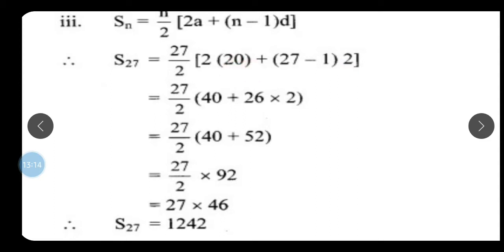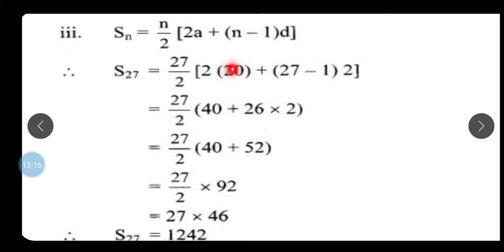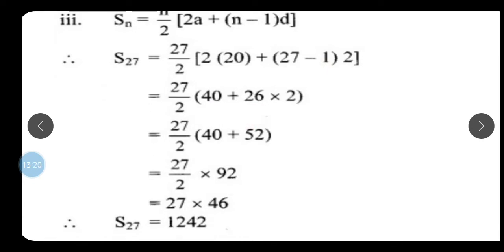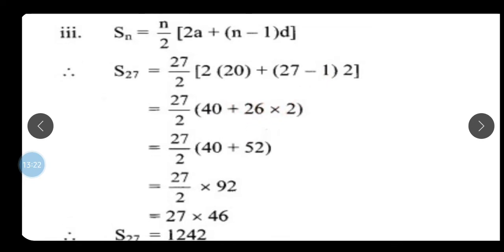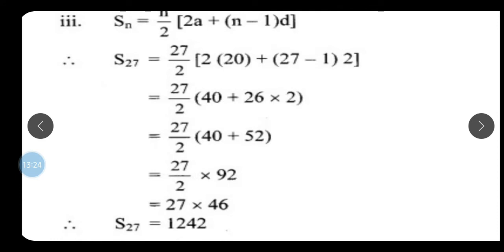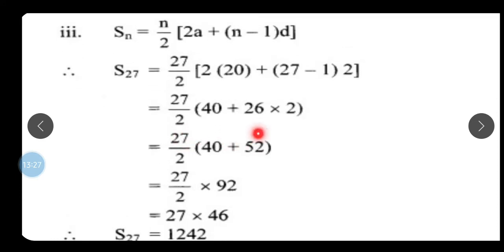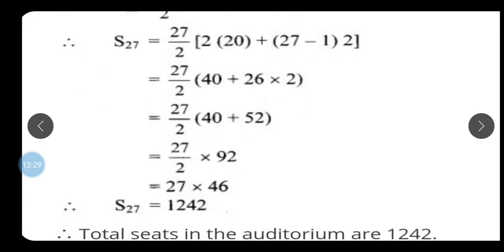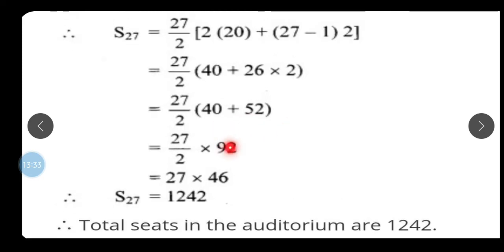Solving the square bracket, we are getting 2 into 20, 40, 27 minus 1, 26 into 2. Now 26 into 2 we will get 52. So 27 upon 2 into 40 plus 52. So 40 plus 52 we will get 92.